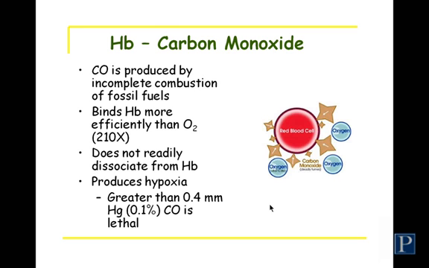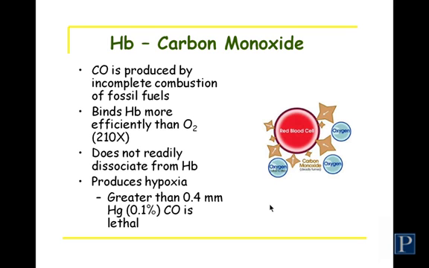You get that from the exhaust fumes from the car. Fairly small amounts of carbon monoxide can be lethal. So this kills a number of people each year, and that's why it's so important to have carbon monoxide detectors in your home, because you can't smell it. It's a colorless, odorless gas, and you're not aware of it. Some people go to sleep and don't realize they're being poisoned with carbon monoxide.